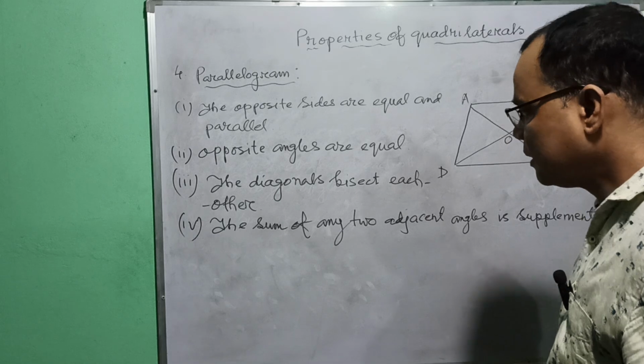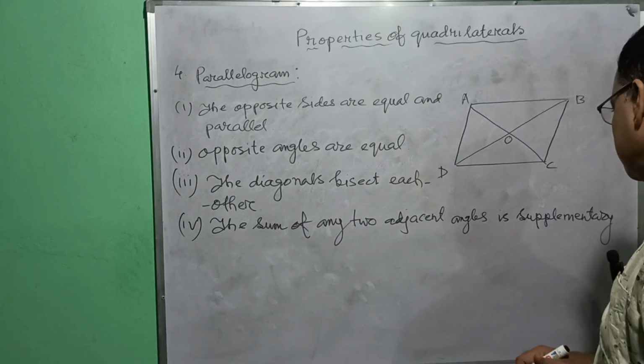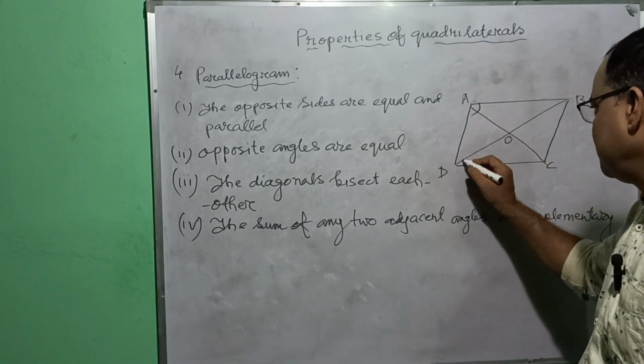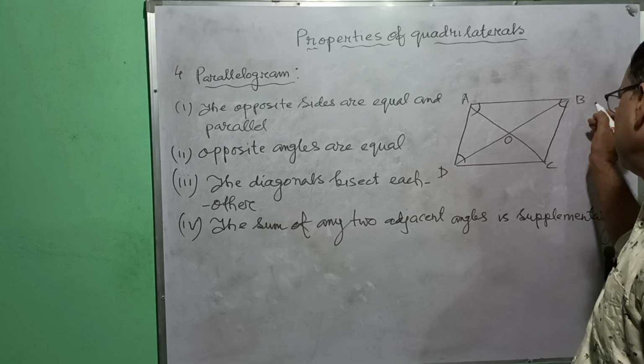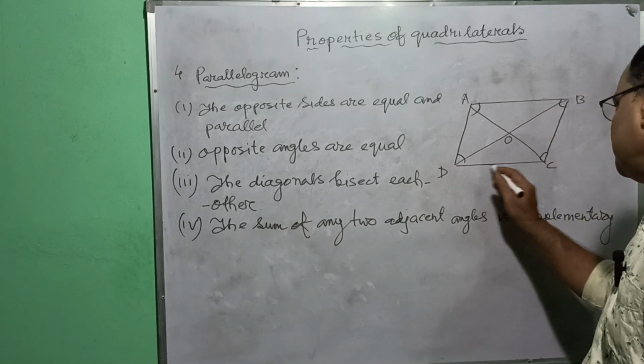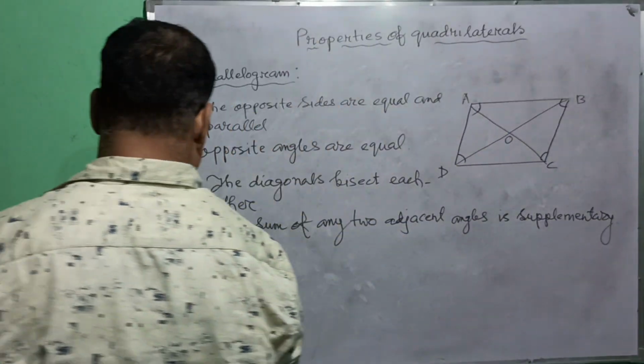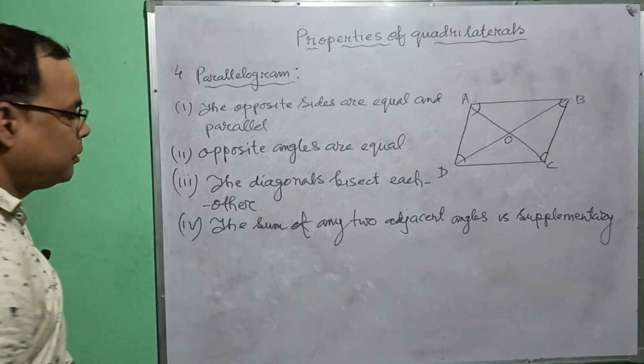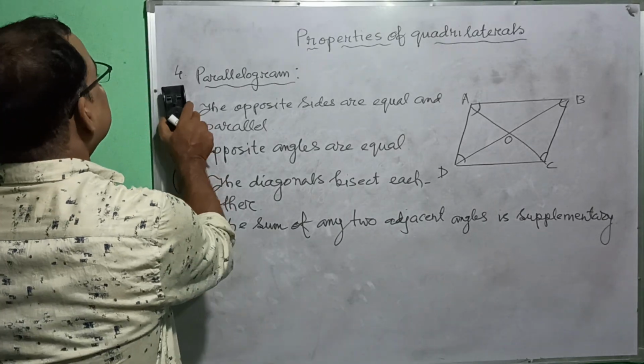So it is also like rhombus. A plus D equals 180, A plus B 180, B plus C 180, or D plus C is 180 degrees. So these are the four important properties of a parallelogram.